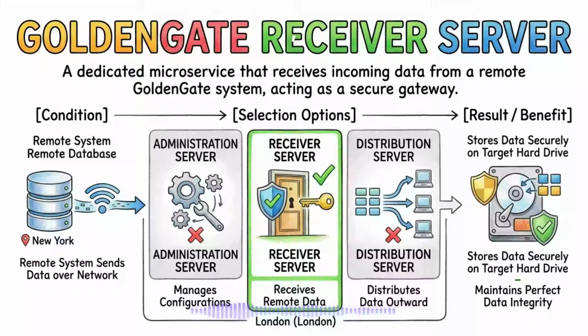The next crucial microservice to understand is the receiver server. As the name suggests, the receiver server has one very specific job, which is to receive data coming in from another GoldenGate system. Imagine you are sending data from a database in New York to a database in London over the Internet.